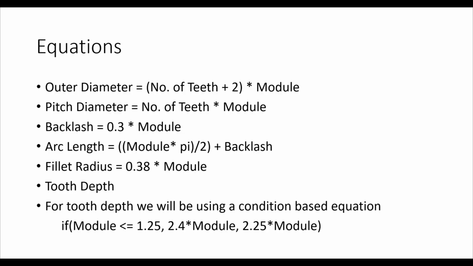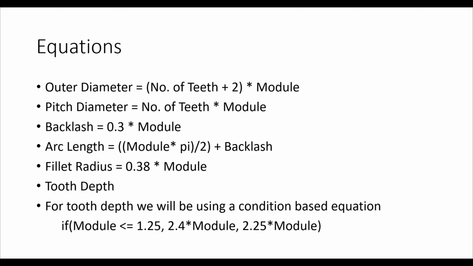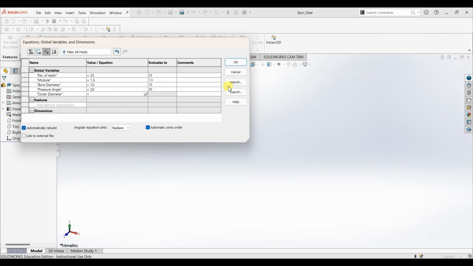So the first equation is for outer diameter or outer circle diameter. The equation for this is number of teeth plus 2 times module.